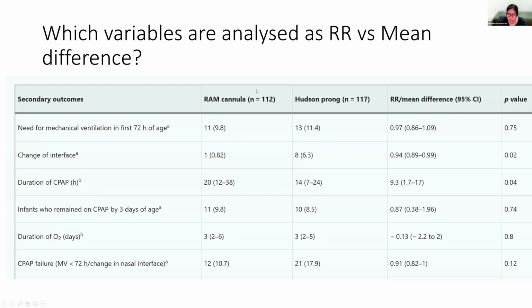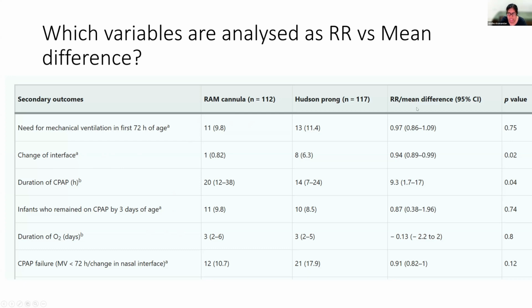Now, when you compare 2 groups, you can use either risk ratio or mean difference. Risk ratio is used when the variable that you are analyzing is a categorical variable. Here, mechanical ventilation, change of interface, infants who remained on CPAP, CPAP failure, all these marked with superscript A are categorical variables.